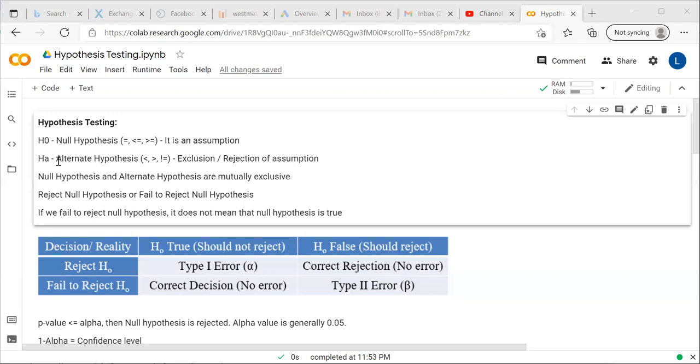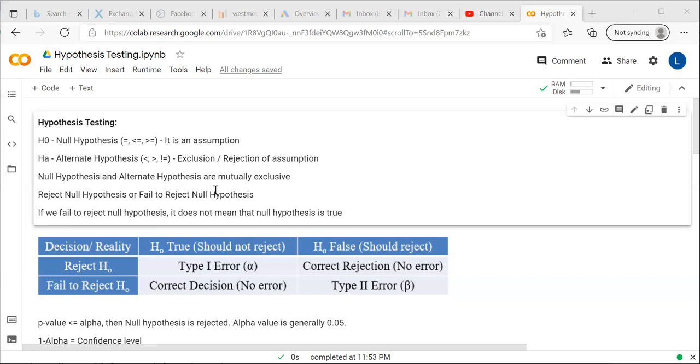If it goes above 100 gram, then obviously the manufacturing cost will increase. They also will be very conscious that it should not go less than 100 gram. But still they feel that it should be less than or equal to 100 gram. So the alternate hypothesis will be opposite to that. If you say it is greater than or equal to, then the alternate will be less than.